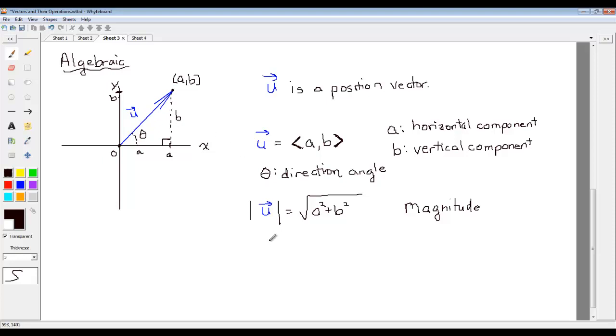Then theta, if you look at theta, the tangent of theta is going to equal b over a. And of course a is not zero, a can't be zero in that case. And that direction angle is always going to be a positive angle.